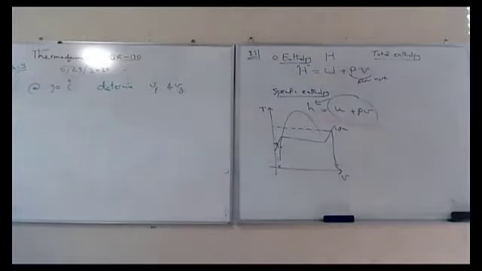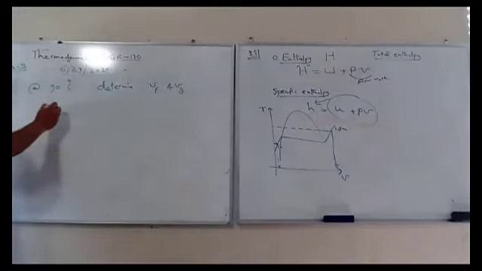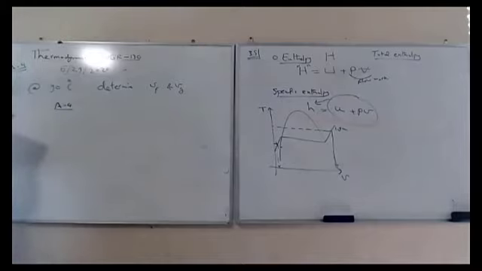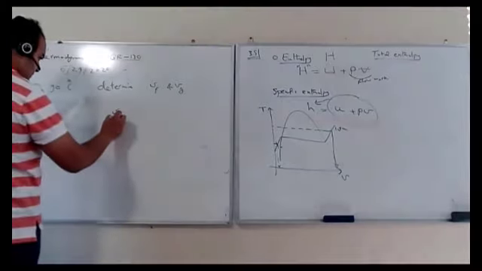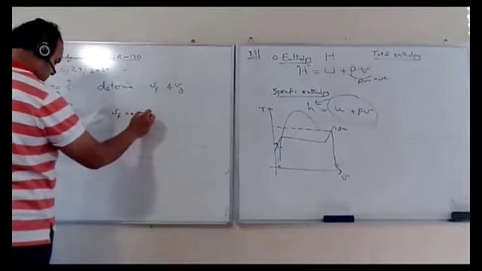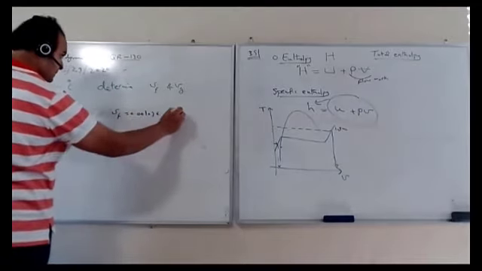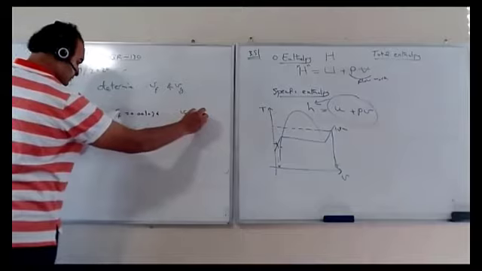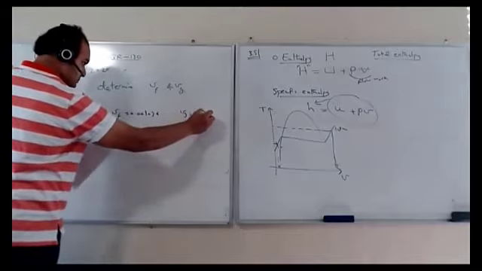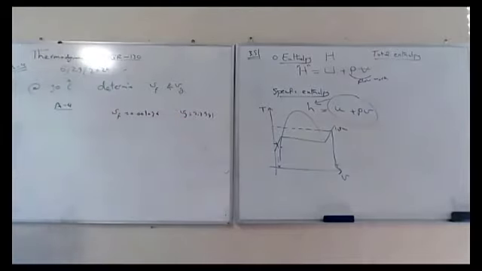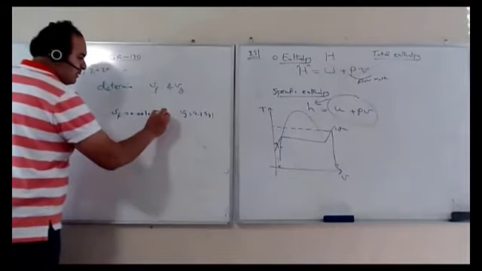At 90 Celsius, guys. What table? VF is 0.001036, and VG is 2.3593. Perfect. Meter cube, of course, per kilogram.